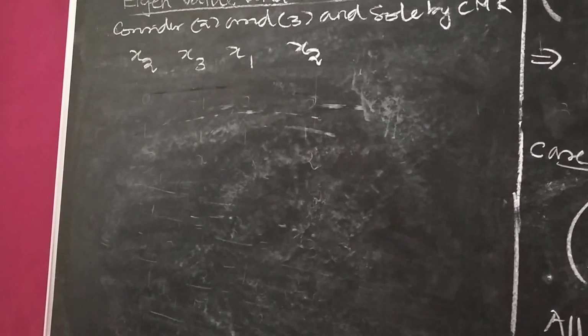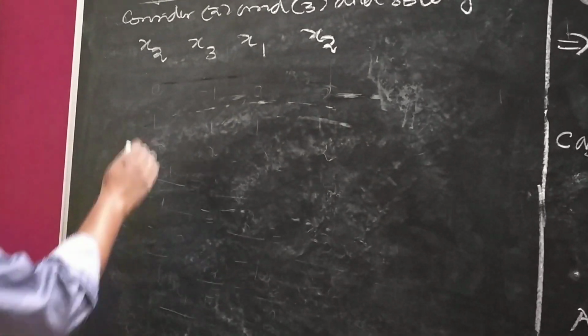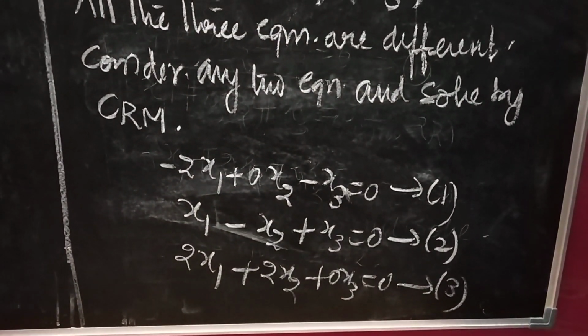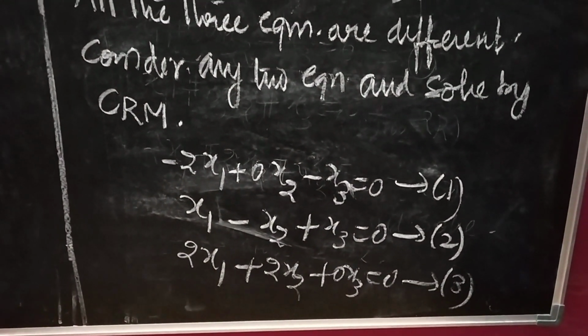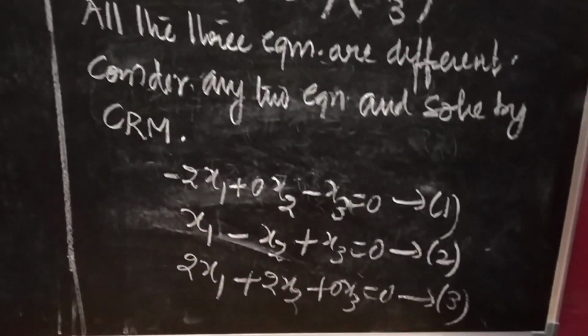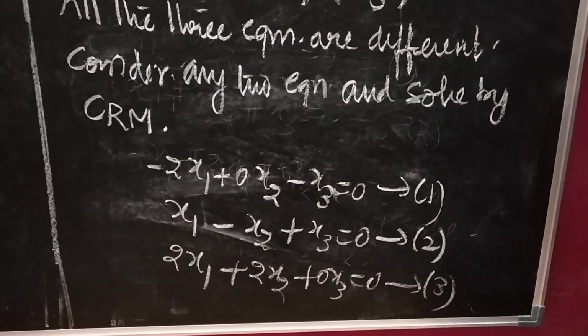In equation 2, the coefficients are: x1 coefficient 1, x2 coefficient minus 1, x3 coefficient 1. Similarly in equation 3: 2, 2, 0.